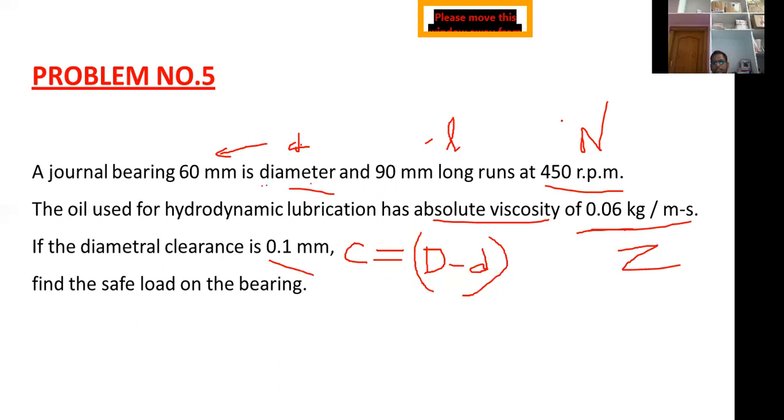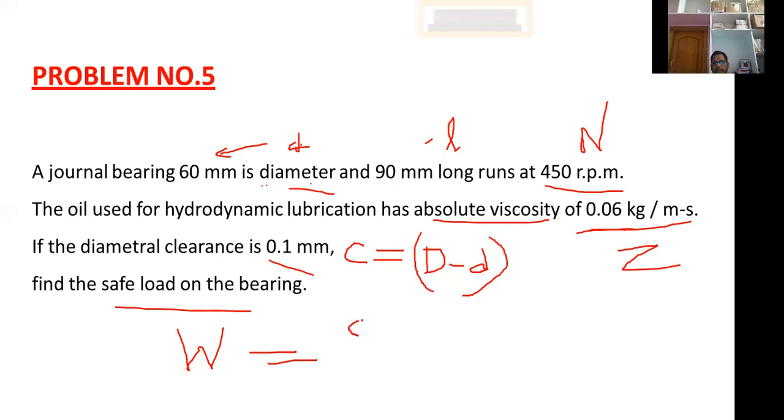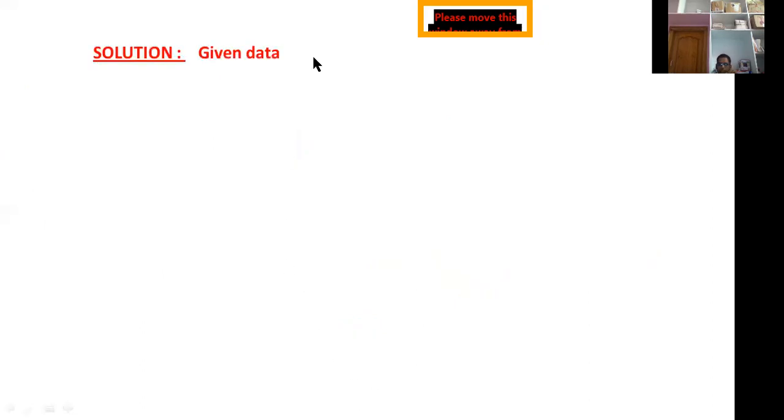By using these details, you have to find the value of safe load, W. This is the question. These are our given data. Now I am going to solve this problem.